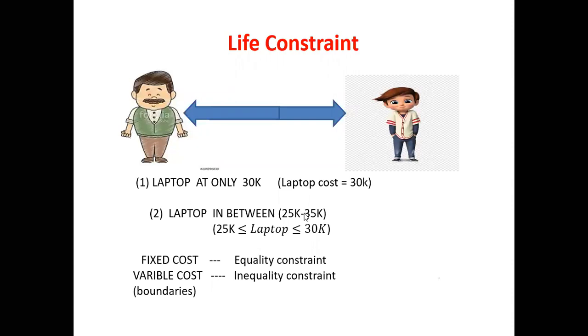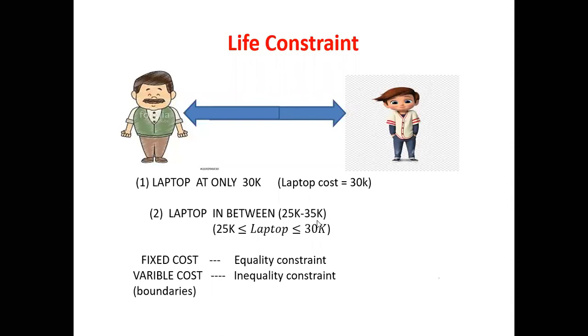In the second one, the father limited his budget to between 25,000 rupees and 35,000 rupees. Now tell me, what is the meaning of having that range? Why is it 25,000 to 35,000 rupees? There should be some reason for fixing the budget in between.